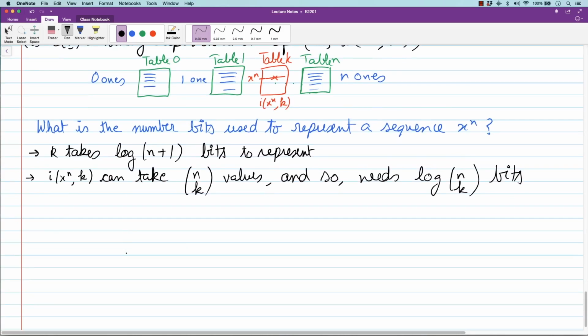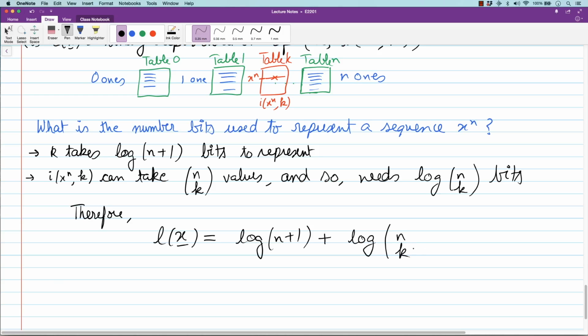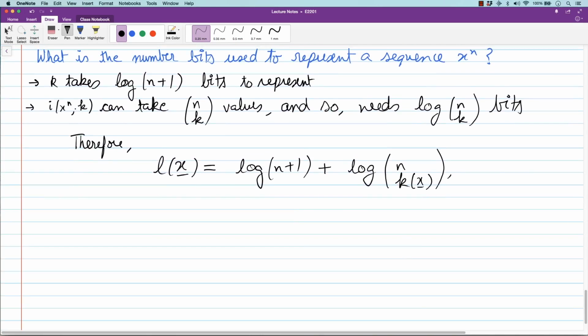Therefore the length l_x of the code word associated with x is equal to log(n+1) plus log of (n choose k_x), where k_x is the number of ones in x.